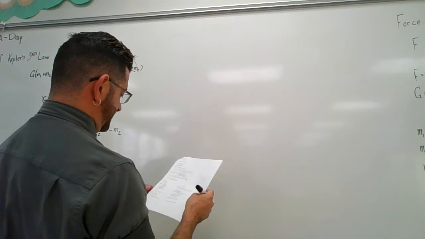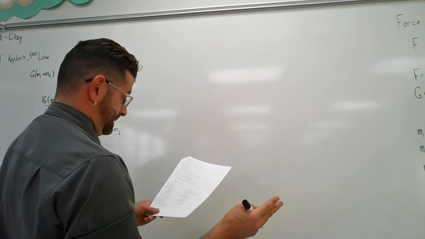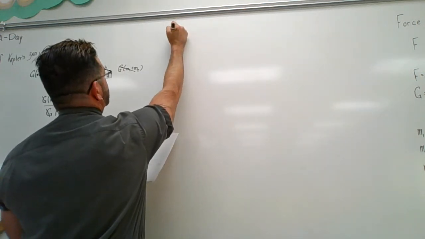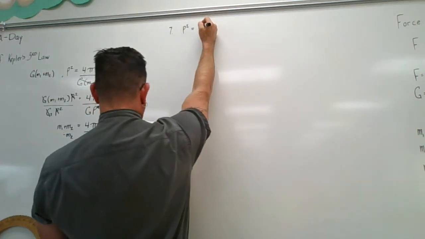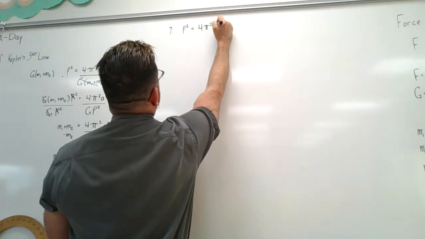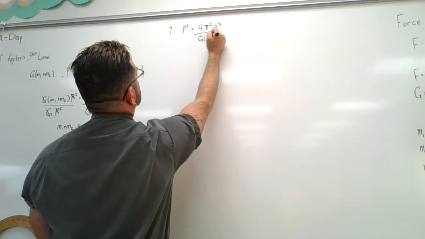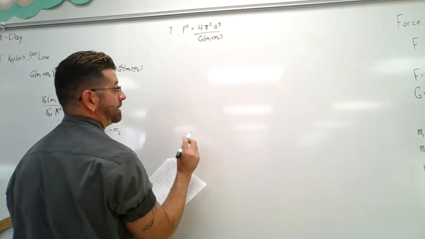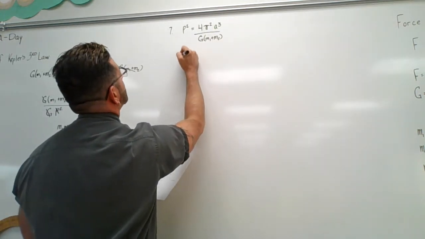So number 7 asks to calculate the orbital period. And we're going to calculate it in seconds. I think I can give it to you in seconds. So for number 7, it says P squared, again, always start with the original formula, is equal to 4 pi squared a cubed divided by G M1 plus M2. Yes? Yes. But we want P by itself. We want to know the orbital period.